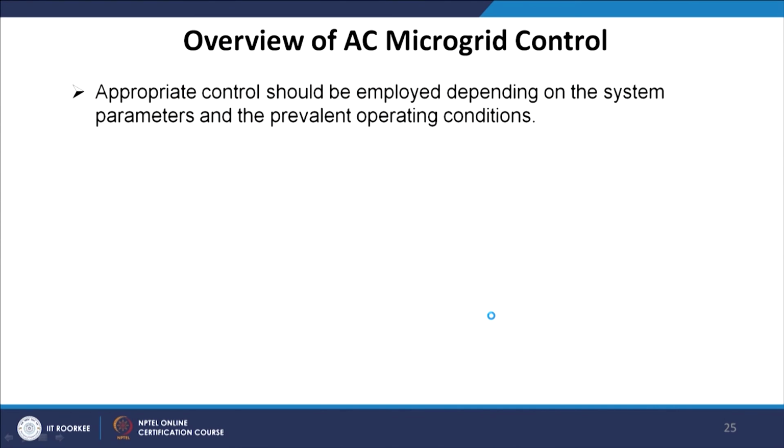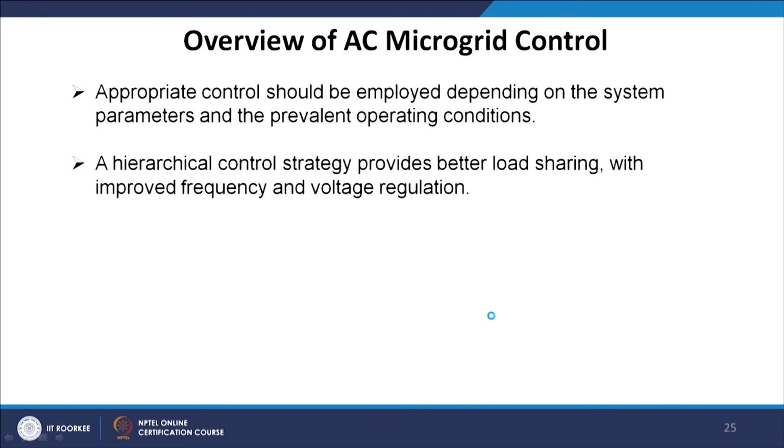Different control schemes have evolved, but let us overview the control mechanisms we have learned in the last two lectures. Appropriate controls should be employed depending on the system parameters and the prevalent operating conditions. A hierarchical control strategy provides better load sharing with improved frequency and voltage regulation.